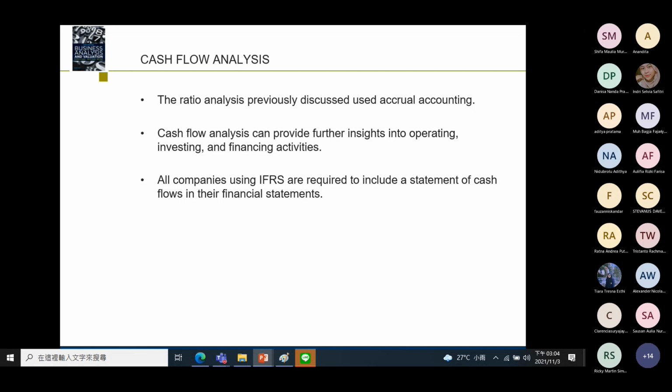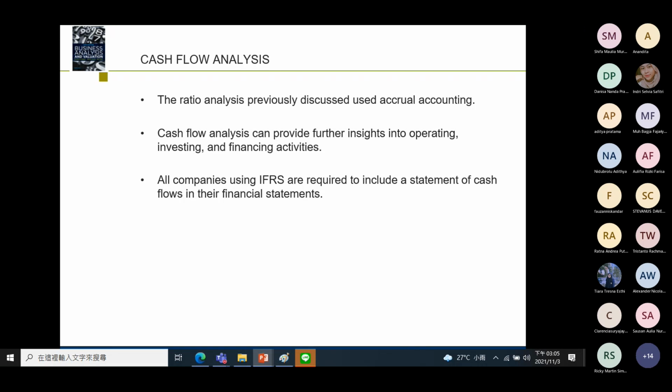In the reported cash flow statement, firms classify their cash flows into three categories: cash flow from operations, cash flow related to investment, and cash flow related to financing activities. Cash flow from operations is the cash generated by the firm from the sales of goods and services after paying for the cost of inputs and operations.